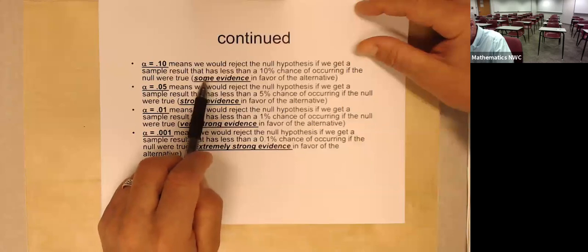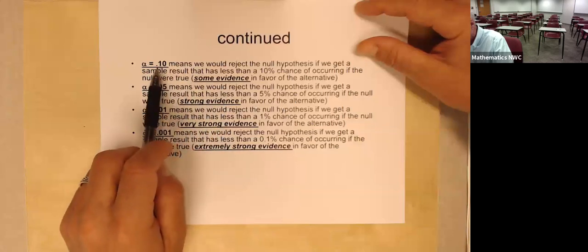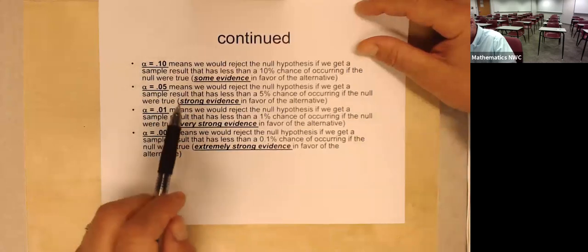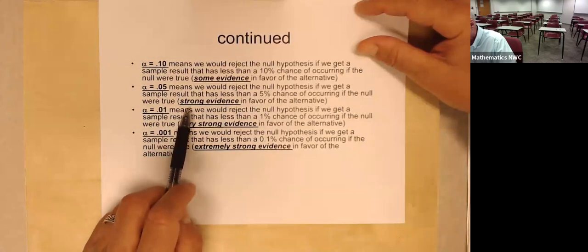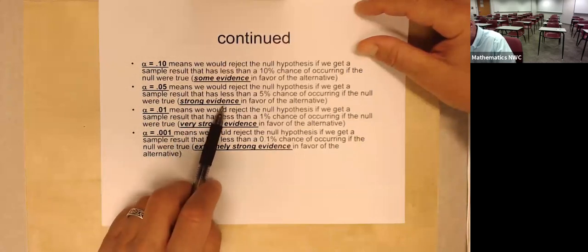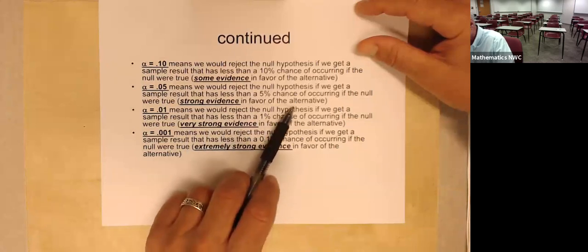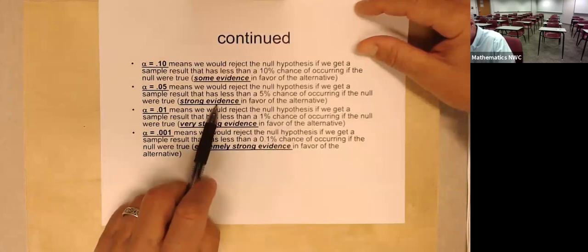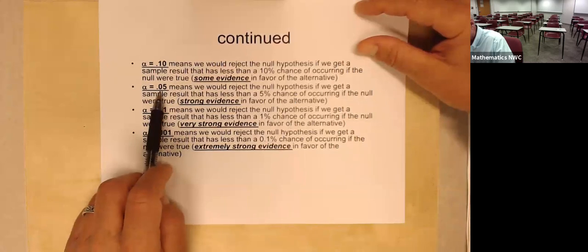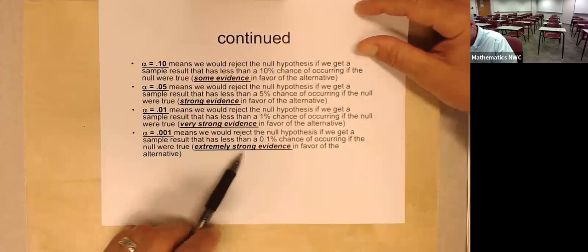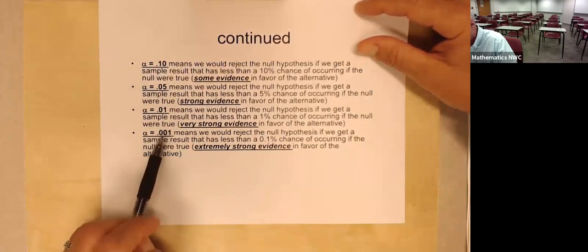When they use that phrase, some evidence, they're basically saying, set alpha to be 10%. If the problem would say something like, do I have strong evidence in favor of some alternative hypothesis? That would be like saying, set alpha to be 5%. Very strong evidence, 1%. Extremely strong, it would be in the medical field, 0.001. Okay?